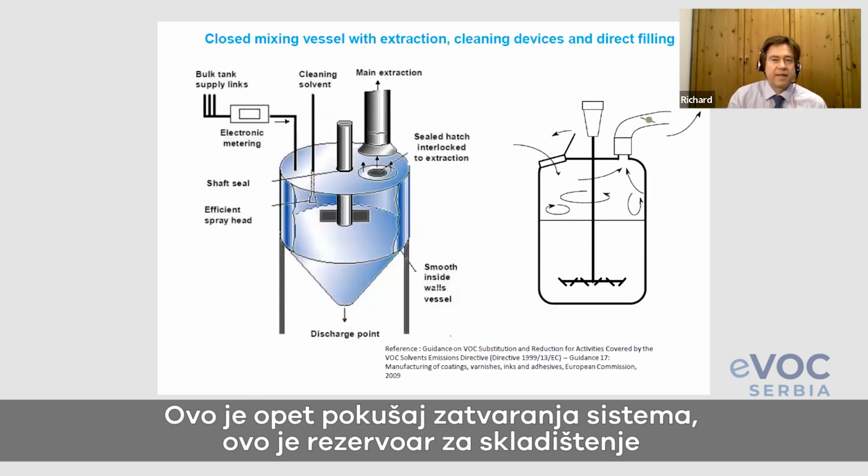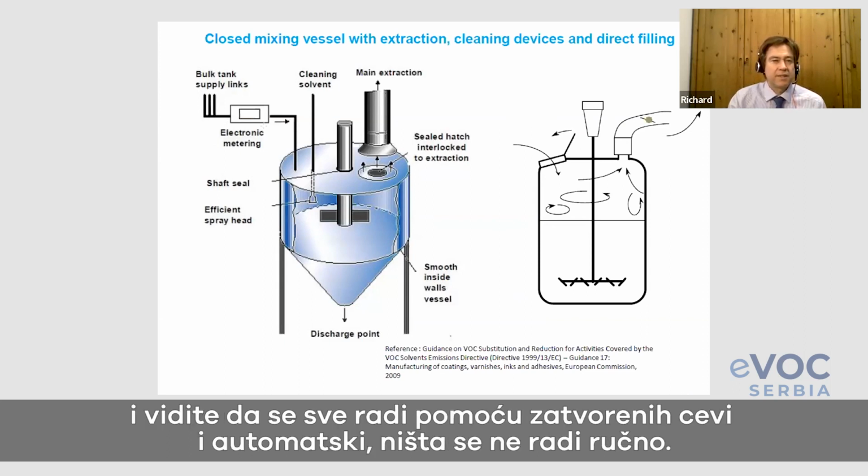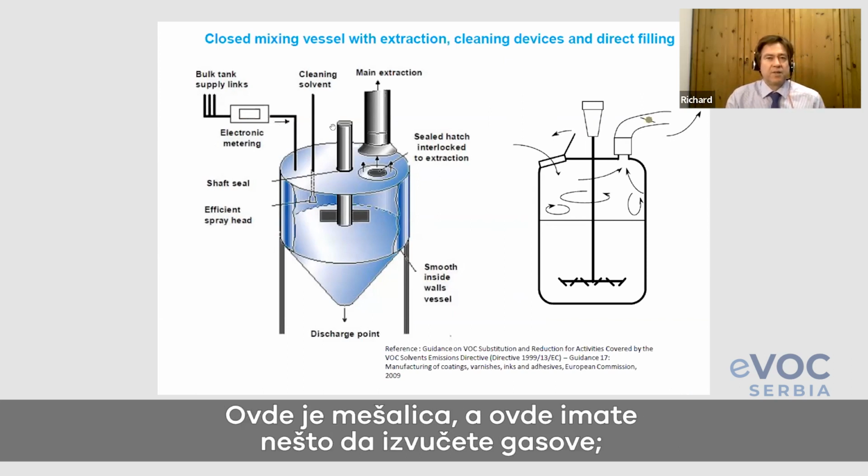Here is again something where you try to make it closed. You have these pipe supply lines. You see it's electronically metered, and all is done in fixed lines, so not manually. Here you have your mixer, and you have something where you can extract the gases.